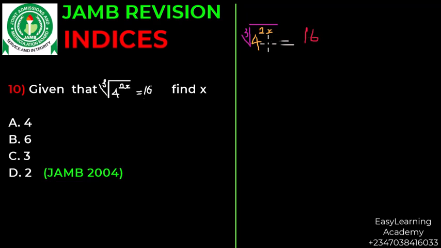Alright, cube root of this. We can rewrite this cube root in this other way. Let's have our 4 first. We want to rewrite this cube root. Let's remember that the whole of this cube root can be represented with 1 over 3.